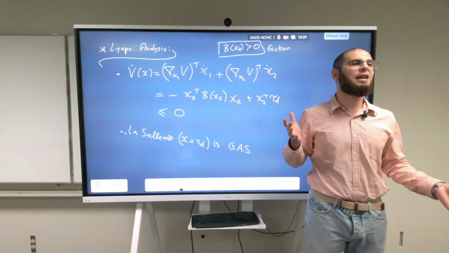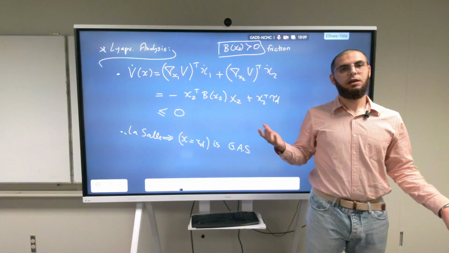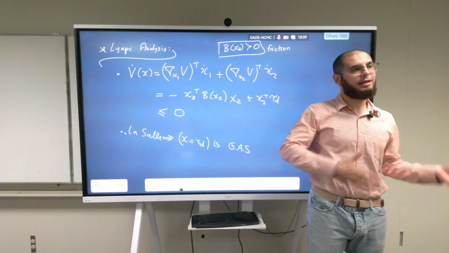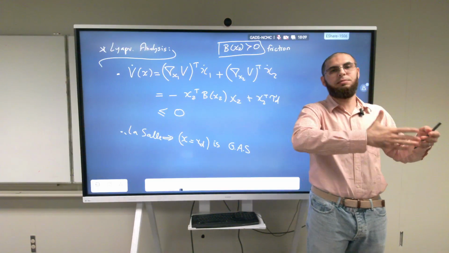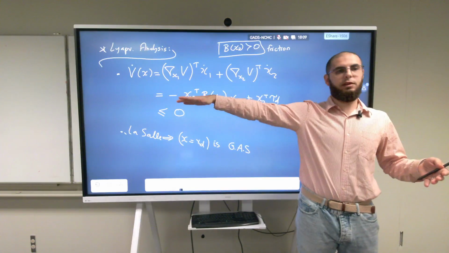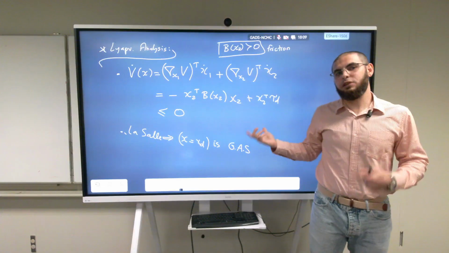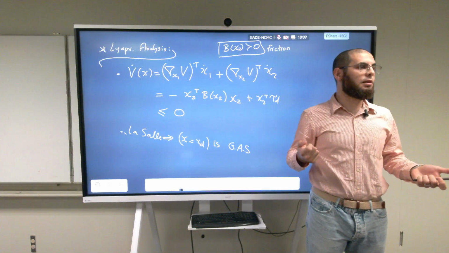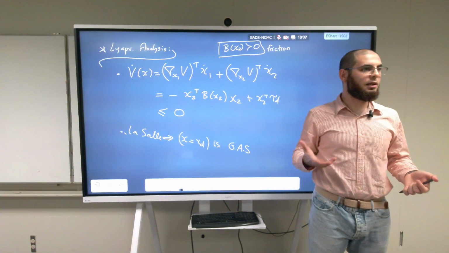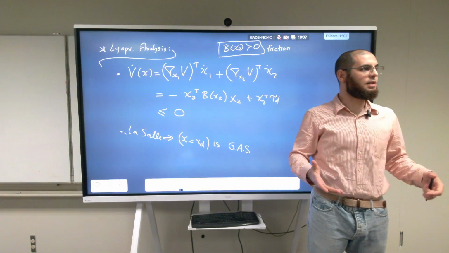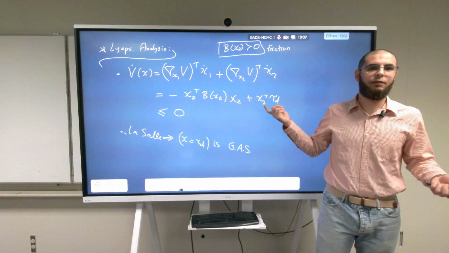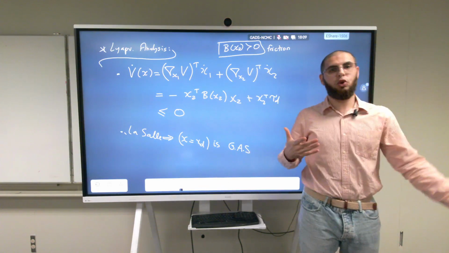We have no idea about how fast this is, right? It can take forever. Okay, it's asymptotic. What does asymptotically mean? It means as time goes to infinity. But sometimes you might have particular requirements on the settling time or on the performance of the system, and then you might need fast damping or slow damping, depending on the behavior.